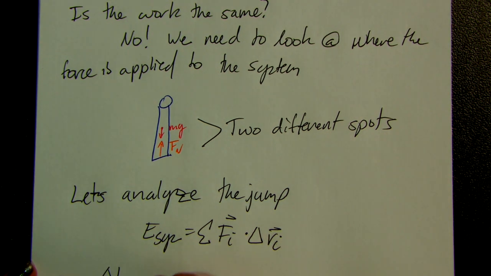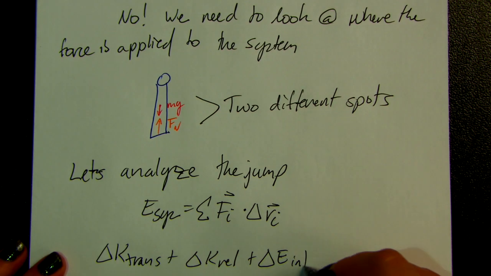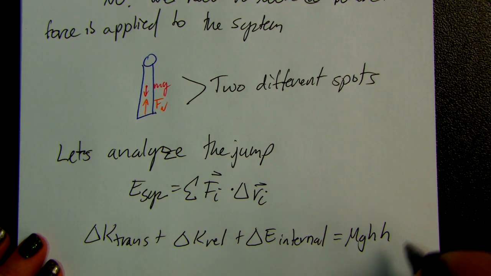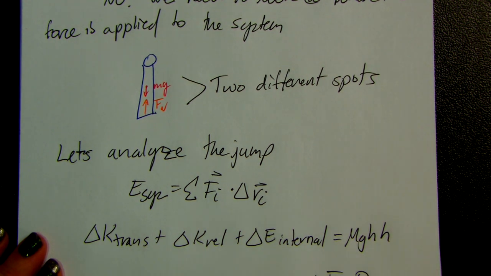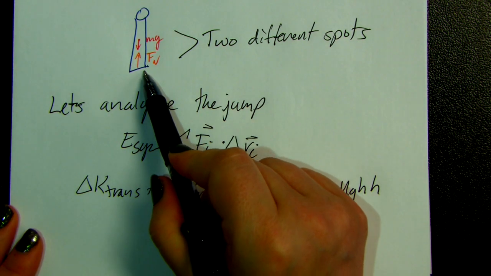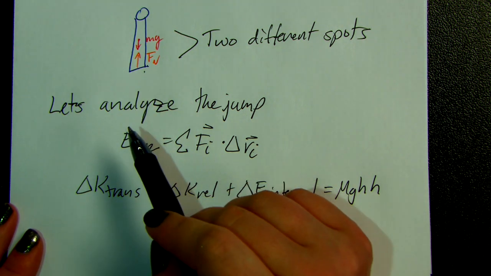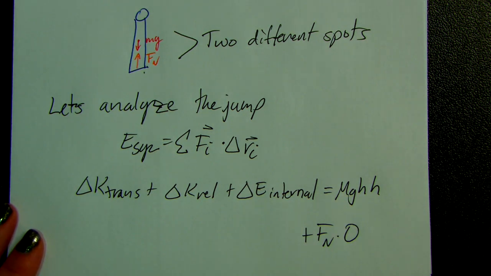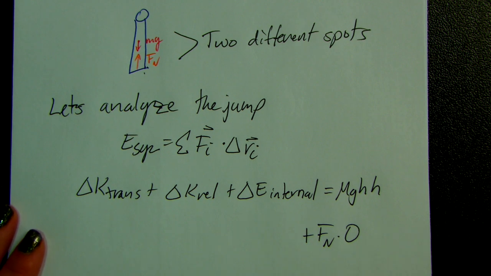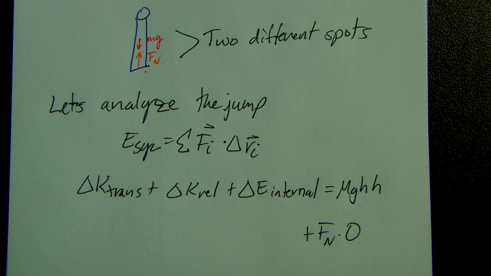So we would have delta K translational plus delta K relative plus delta E internal is equal to mgh plus Fn times 0. So remember, your feet are in contact with the ground the entire time. So while they are experiencing the normal force, which is non-zero, it is being applied over zero distance. The movement of the center of mass no longer means that the normal force is doing work on you with the extended model.